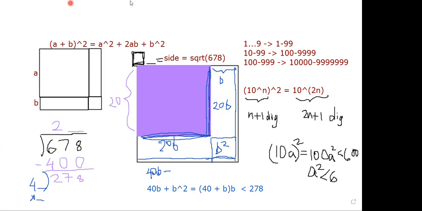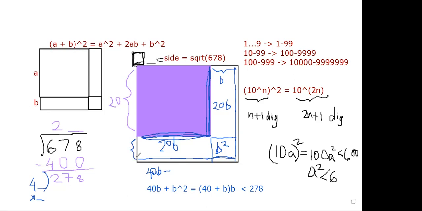Any clue what B can be? Any guess? I will try with 5, and 45 times 5 should be 225, so that definitely works.